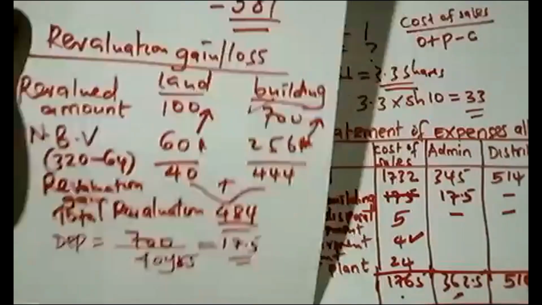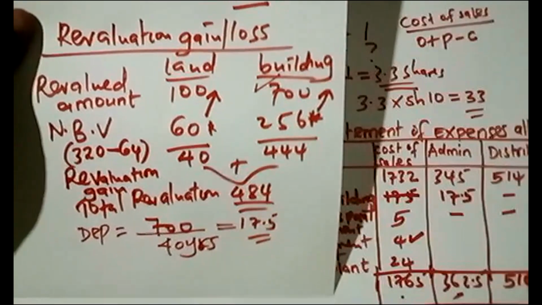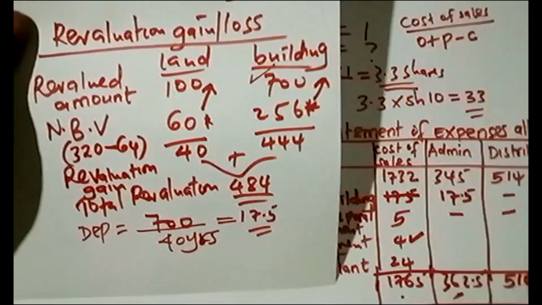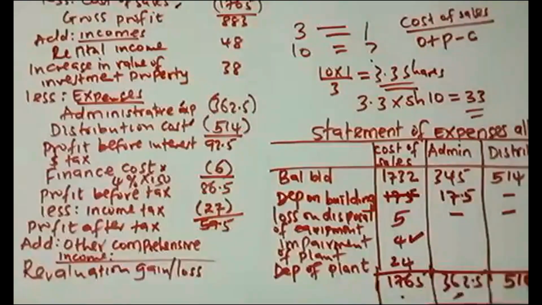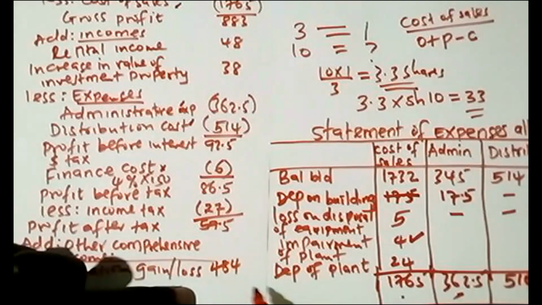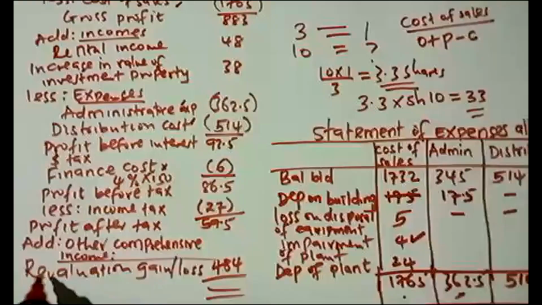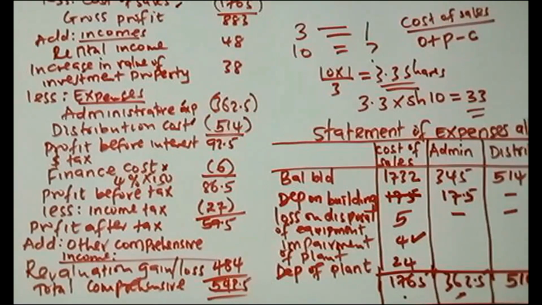We got a revaluation of 484. So add it with the 59.5, and that gives the total comprehensive income: 543.5. That is good.